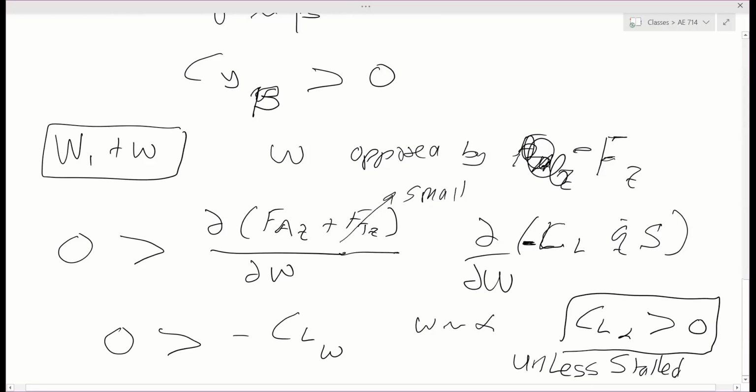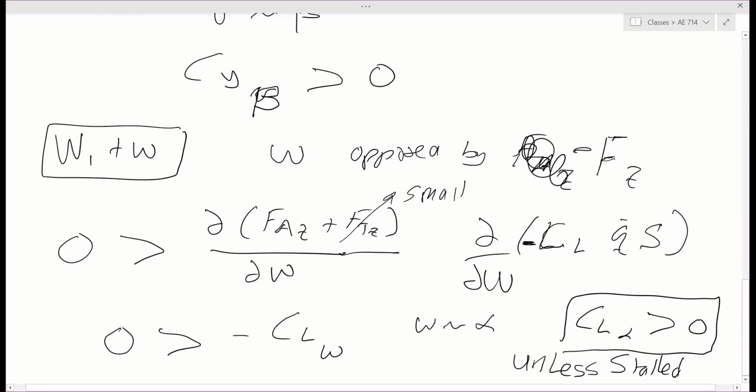Because if you're stalled, increasing the angle of attack actually reduces the lift. So that's the first indication of many that we'll talk about during the semester. That is, when an aircraft is stalled, a lot of the stability either goes away or flips sign. And that's what causes spins and all the problems with stall.